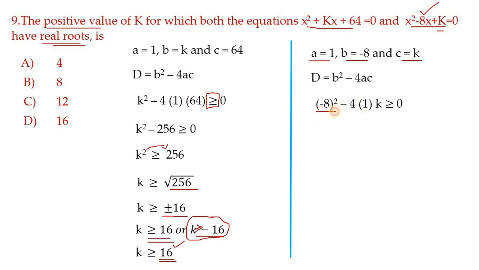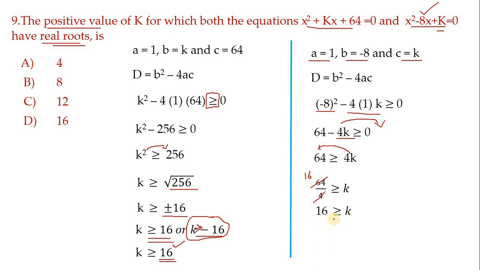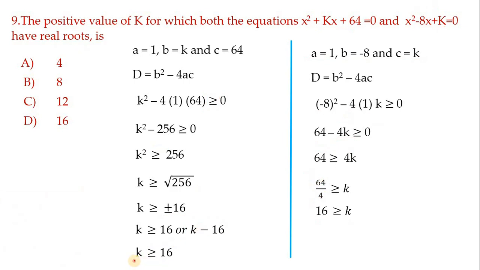So now substitute the values. Now minus 8 square means we get plus 64 itself, and in this place we get minus 4k. Now minus 4k transfer this side, it becomes plus 4k. Now this 4 transfer this side becomes the denominator. So 4 ones are 4 and 4 16s are 64. Now see here, we are getting 16 is greater than or equal to k. Now understand very clearly. Here k value is greater than or equal to 16, here k is less than or equal to 16.